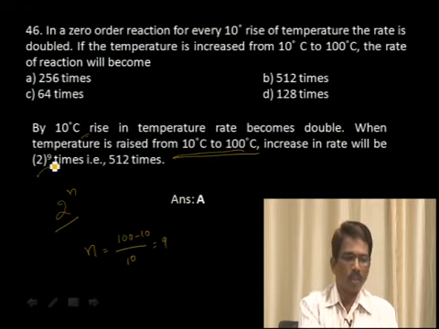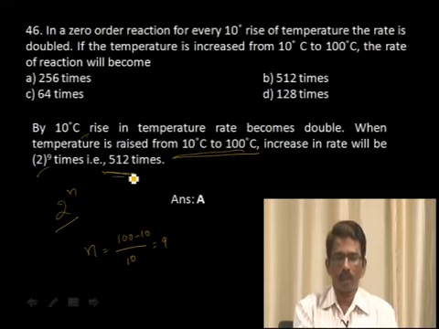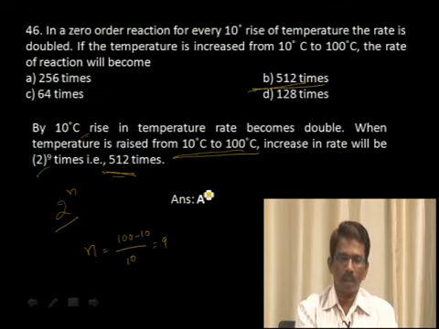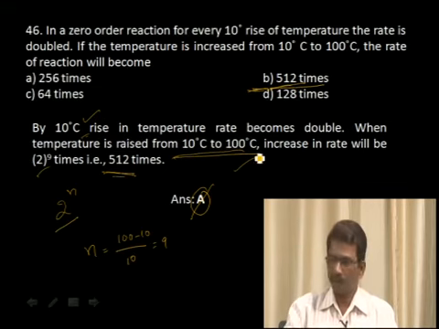So 2 to the power 9 is equal to 512 times. The correct answer is option B, not A, because the rate increases by 512 times when the temperature is raised from 10 to 100 degrees centigrade.